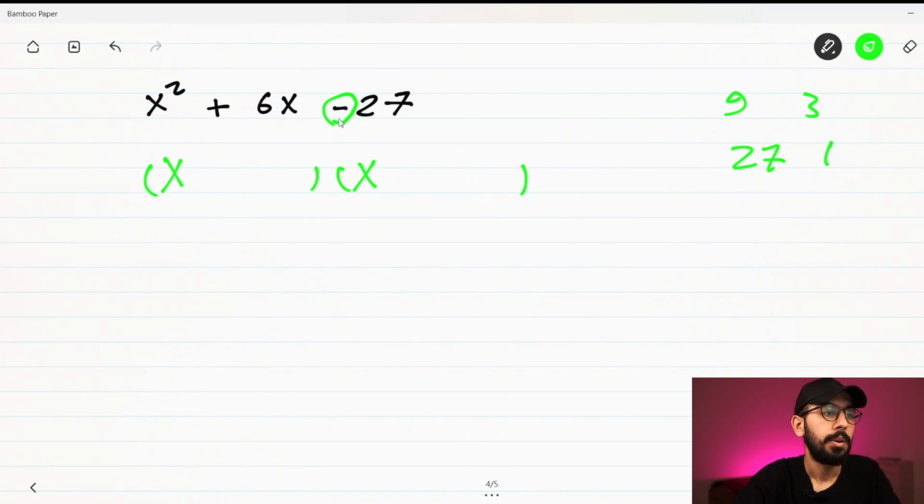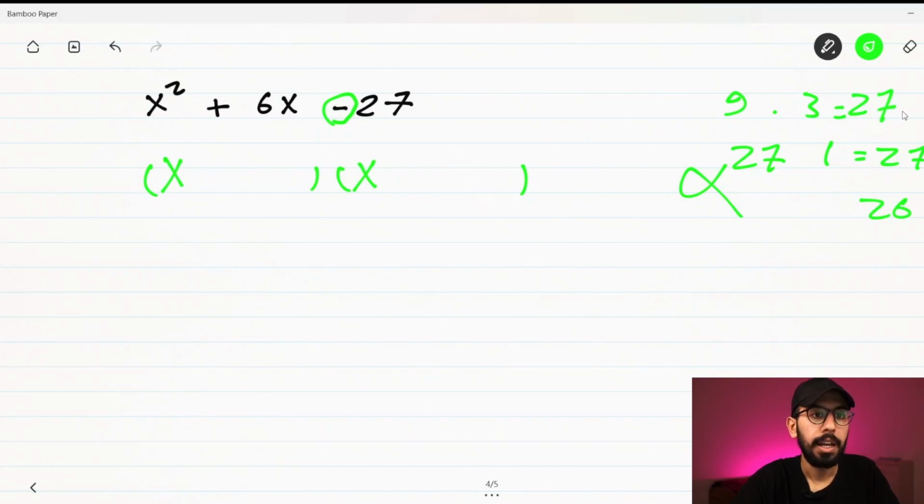So what are the two numbers that when multiplied to each other give 27, and when subtracted from each other give 6? 27 and 1 when multiplied give 27, but when subtracted from each other it will be 26, so it is not our answer. 9 and 3 when multiplied the result will be 27, and when subtracted from each other it will be 6, so this is our answer here.